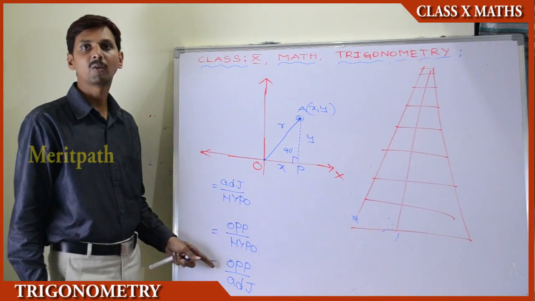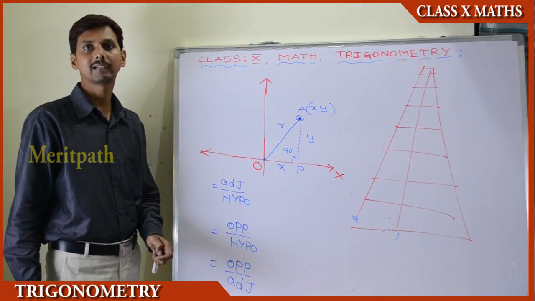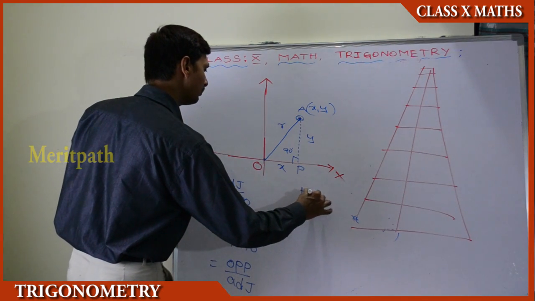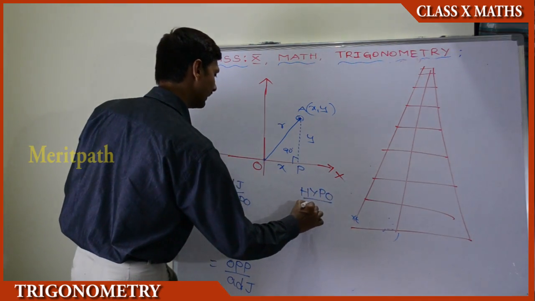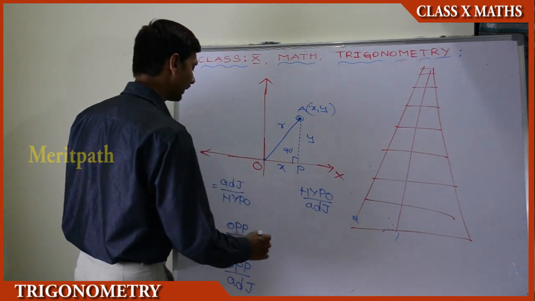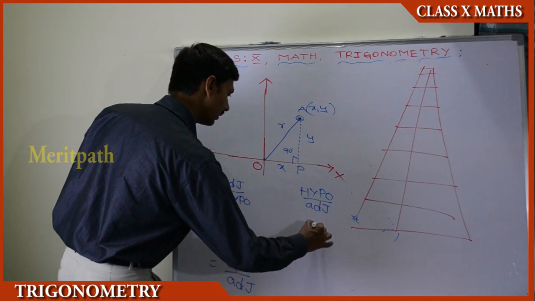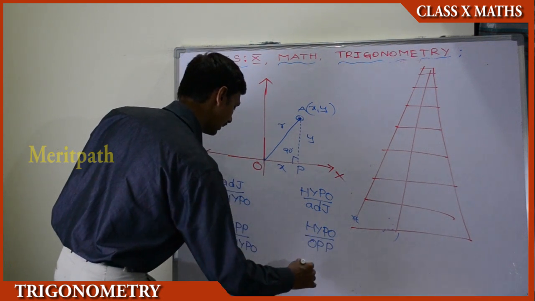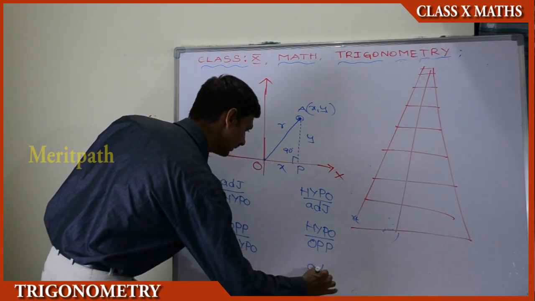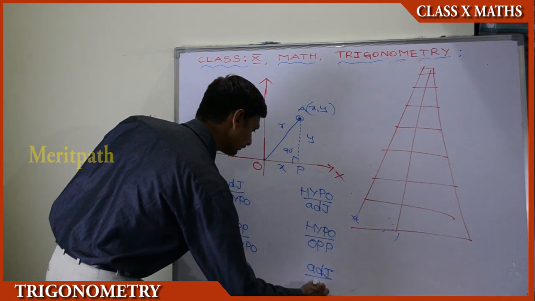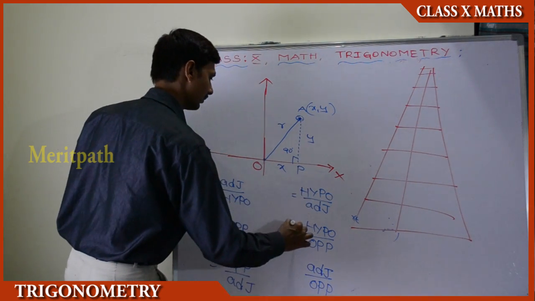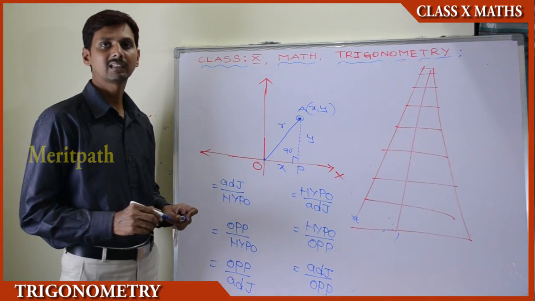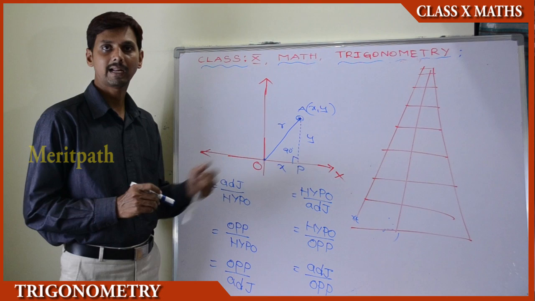Not only these three, we get three other combinations that are reciprocals of these: hypotenuse by adjacent side, hypotenuse by opposite side, and adjacent side by opposite side. So we got 6 ratios from this right angle triangle.